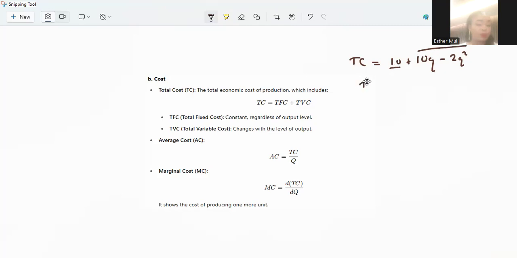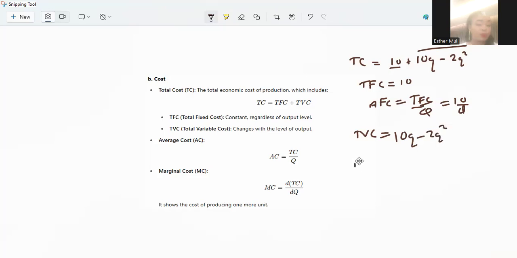Our total fixed cost is the constant part, which is 10. Our average fixed cost, like I said, average is anything divided by quantity. So it's total fixed cost over quantity, our 10 over Q. And the variable cost is the component that has Q: 10Q minus 2Q squared.